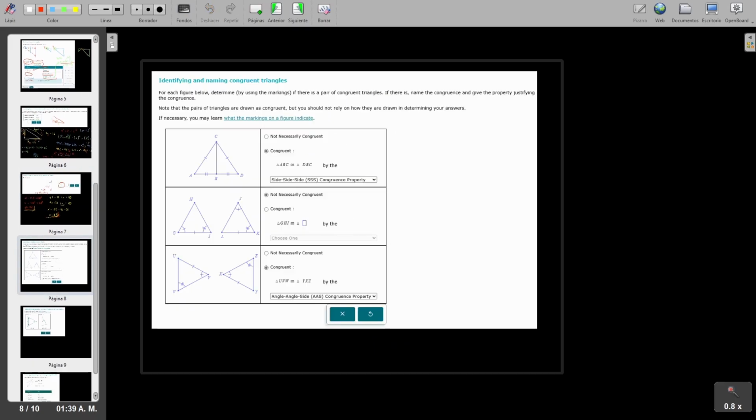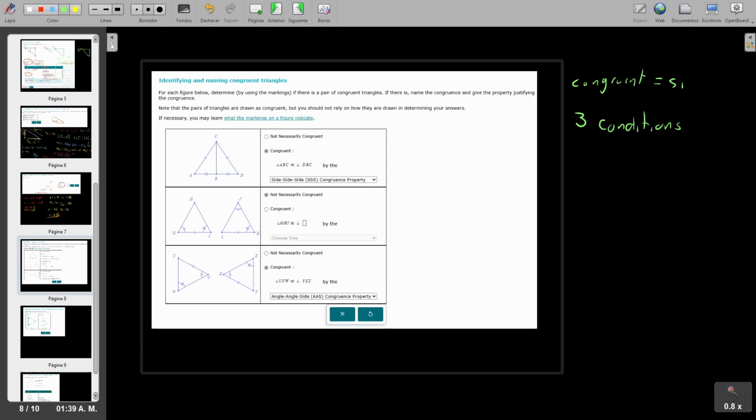Now we're going to identify congruent triangles. This part is easy. You need to remember some theory: in order to be congruent, we need at least three, remember, three conditions of congruence.